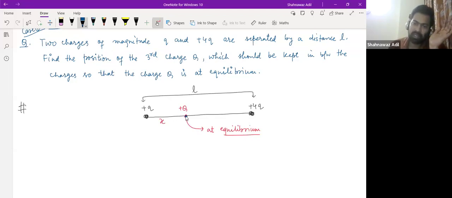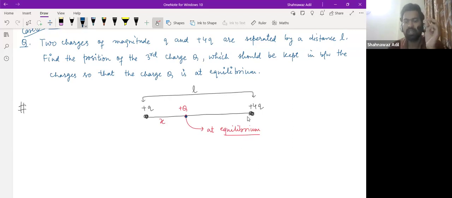So at this point, how many forces are acting on this thing? How many extra charges are there? There are two charges, so there would be two forces, and they would be cancelling each other out.